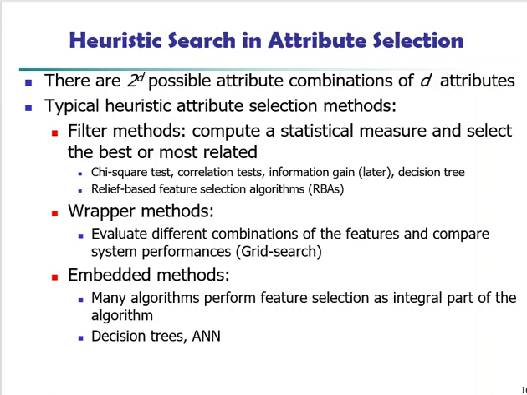This is also known as grid search, where you do a systematic search amongst those attributes. And as you can tell, depending on the size of d, doing 2 to the power of d rounds of computation may or may not be realistic.